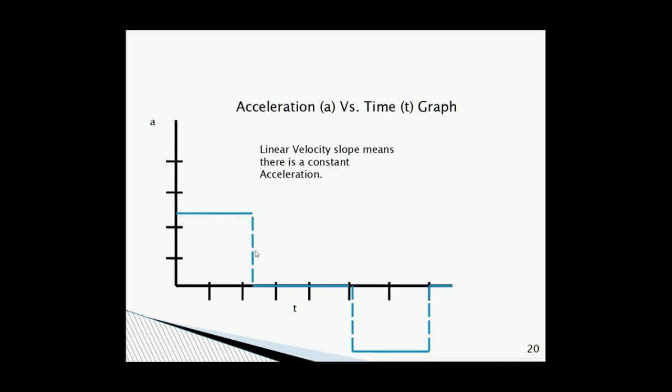Then you had a plateau on your velocity graph, so you had no acceleration from this time point to this time point. And then you had the negative slope, which meant you had a negative acceleration or deceleration from this point to this point. And then from this point onward, you had no change in velocity, so you had no acceleration.